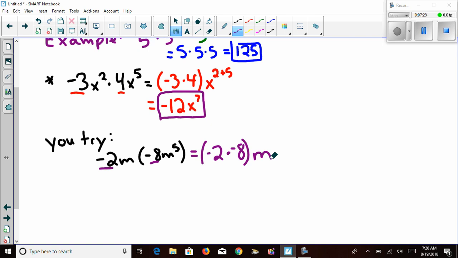That -2m is actually an m to the first. And I have m to the 5th. And now I'm going to simplify. -2 times -8 is +16. And 1 plus 5 is 6. So our final answer is 16m to the 6th.